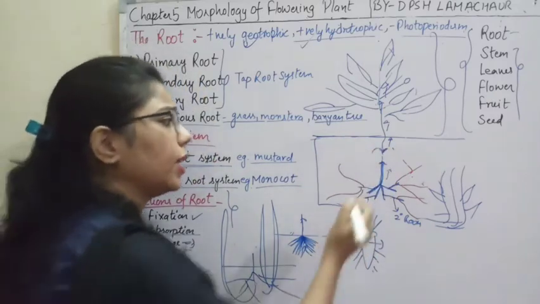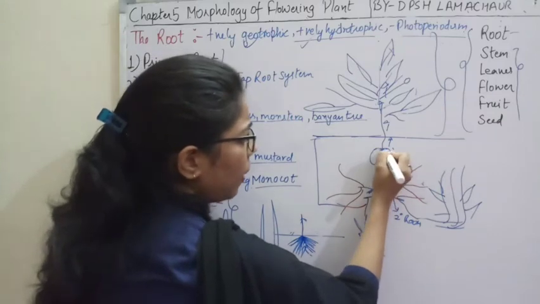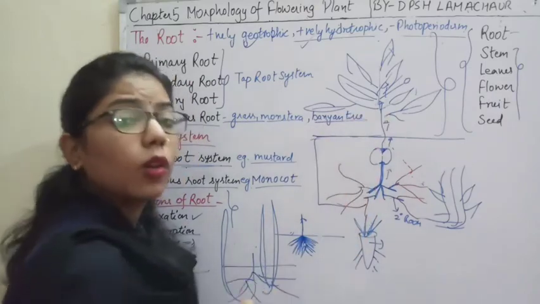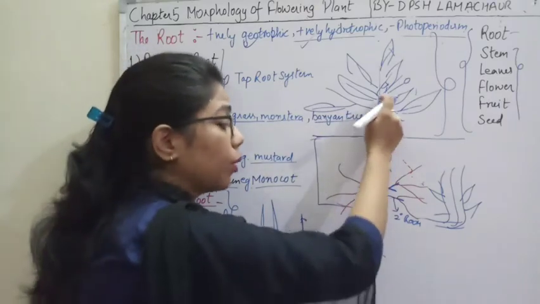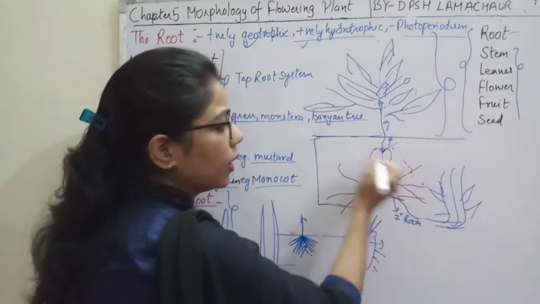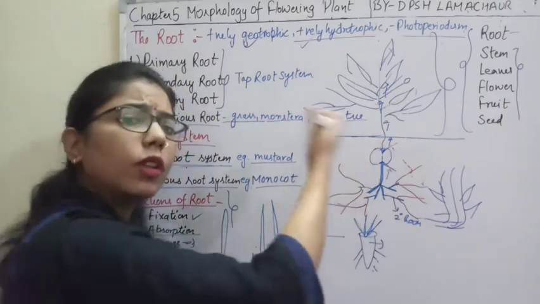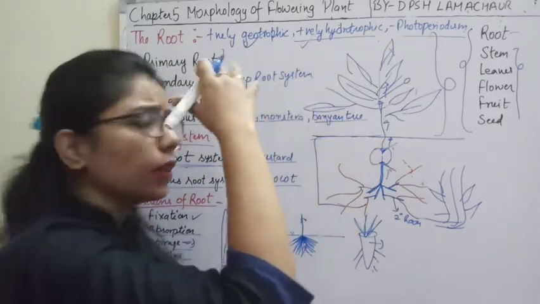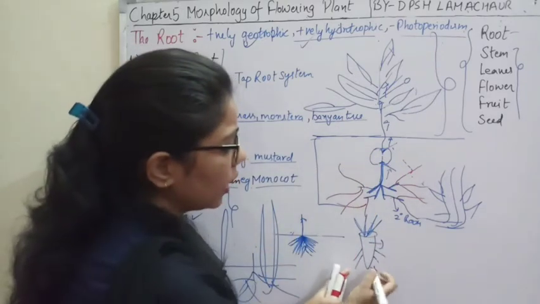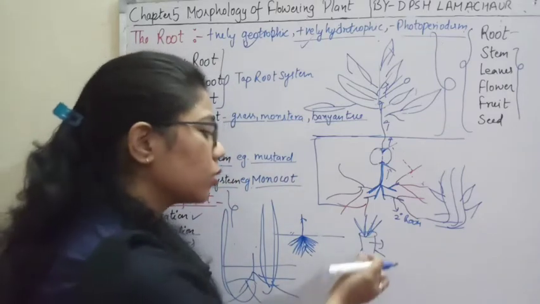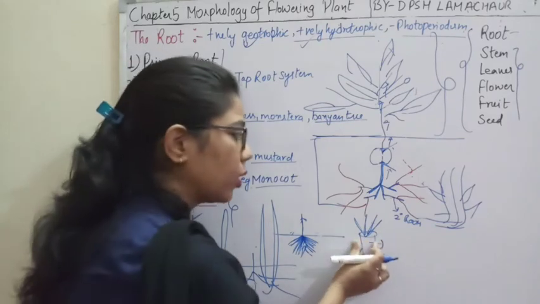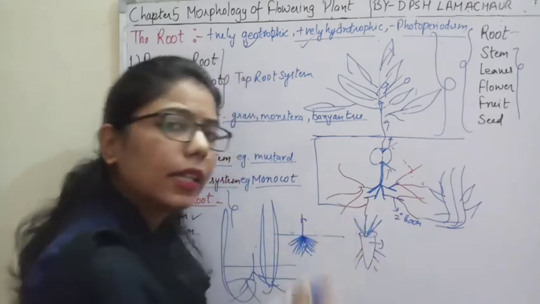One more important thing, if I draw the seed, the part which is developing into the shoot is the plumule, and the lower part which is developing into the root is the radicle. This part is the epicotyl, and this part is the hypocotyl. So the epicotyl will go above the soil and form the upper part, and this hypocotyl, if you talk about the modification of root, this is the hypocotyl. This storage part is a hypocotyl, because from here roots are developing.